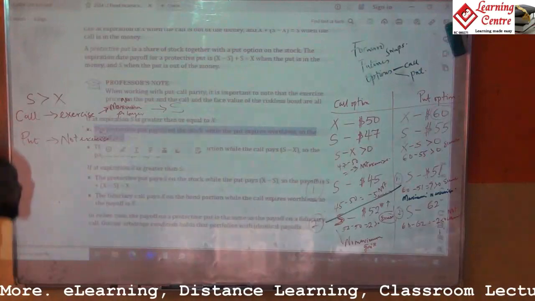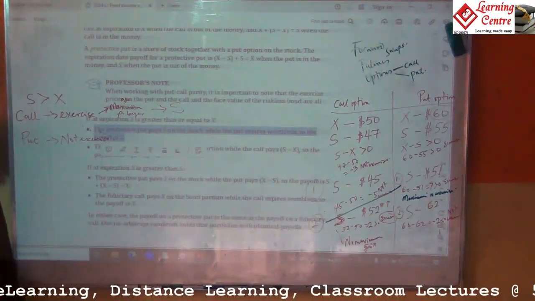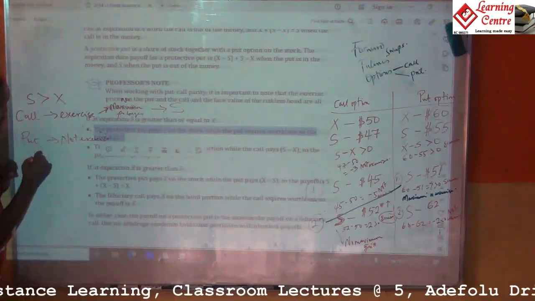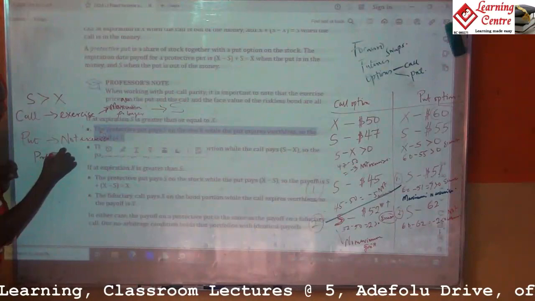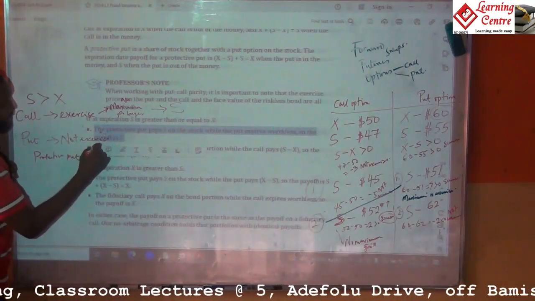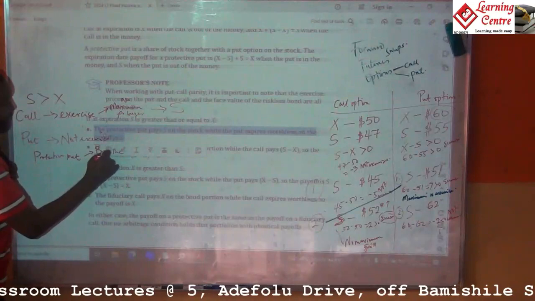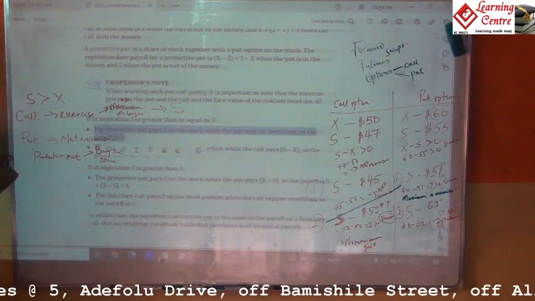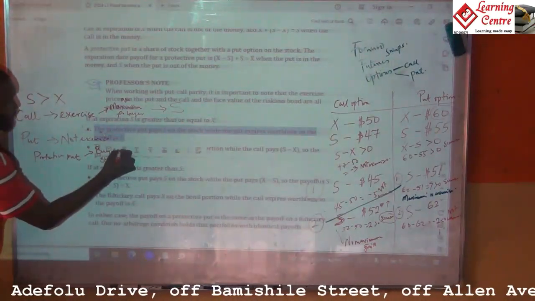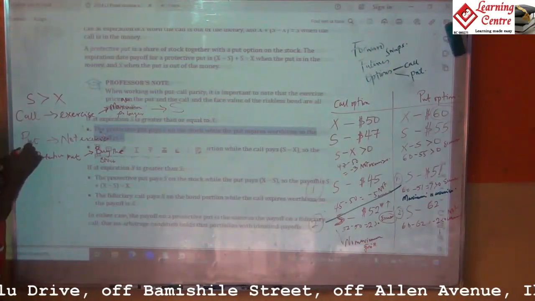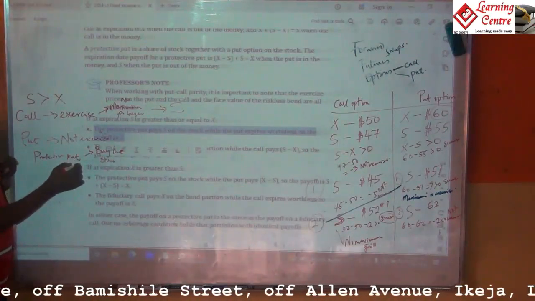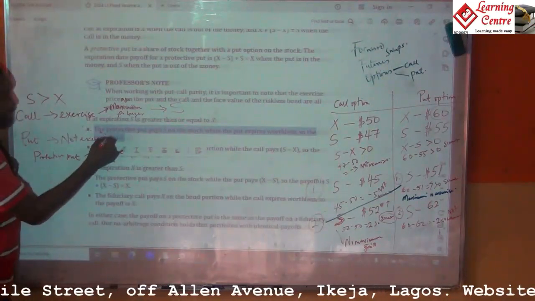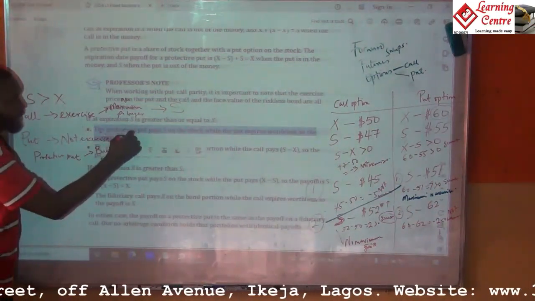Now that protective put means that I'm going to go and buy this stock. Follow me. So the protective put is to buy the stock. Right? So I have two things now. I have a normal put, then I have bought the stock. So in this first scenario now, I'm not exercising, meaning I have 0.